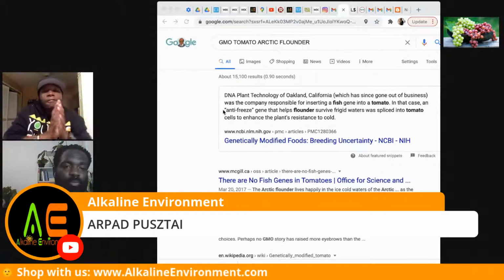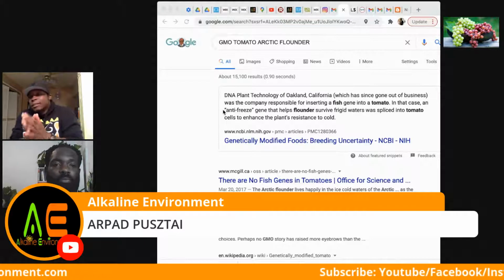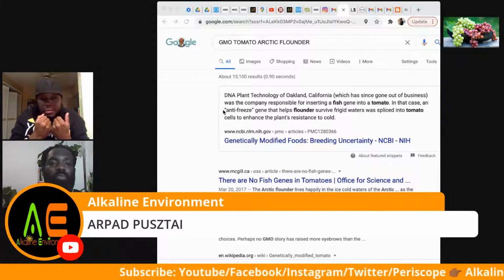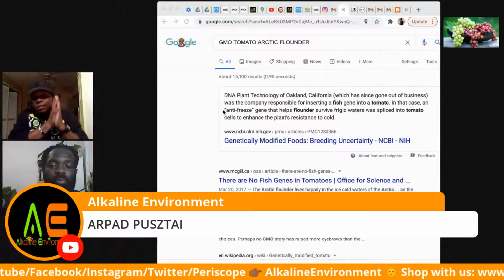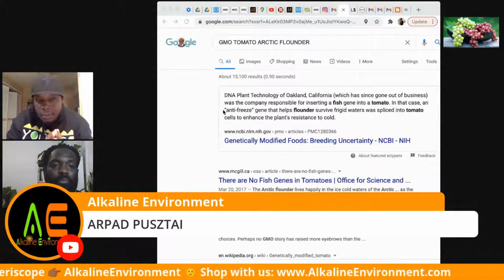So the Arctic flounder and the tomato. So what they did was they understood that this Arctic flounder had this antifreeze gene, this protein. So they actually took this gene out of the Arctic flounder fish, right?